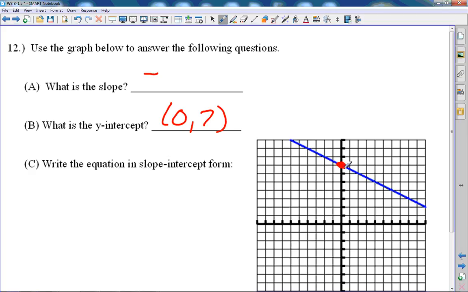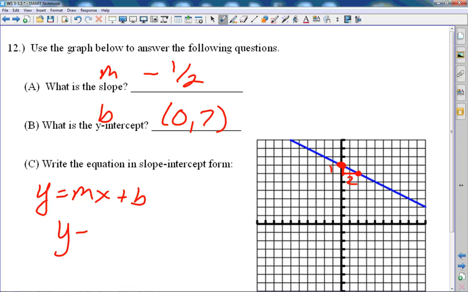Nope. I need to go over more. Down 1, over 2, so negative 1/2. There's my slope. y = mx + b. I keep saying it, you've got to have this memorized. y = -1/2 x + 7.